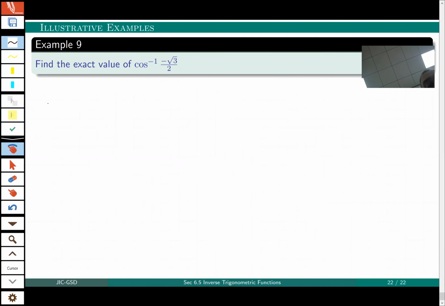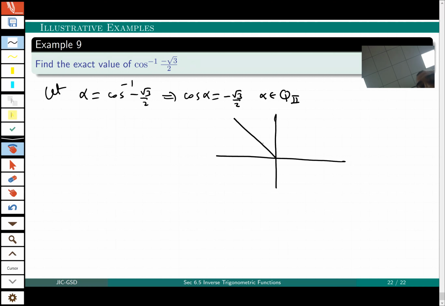Now, again, here I have let alpha be cosine inverse of minus root 3 over 2. That means cosine alpha is equal to minus root 3 over 2, and that gives me alpha must be in quadrant number 2. But what I will get from the triangle is the reference angle. The triangle has pi over 6 and pi over 3, with sides 2, 1, square root of 3.